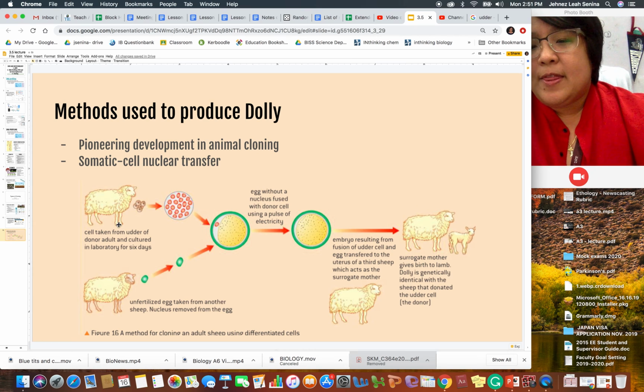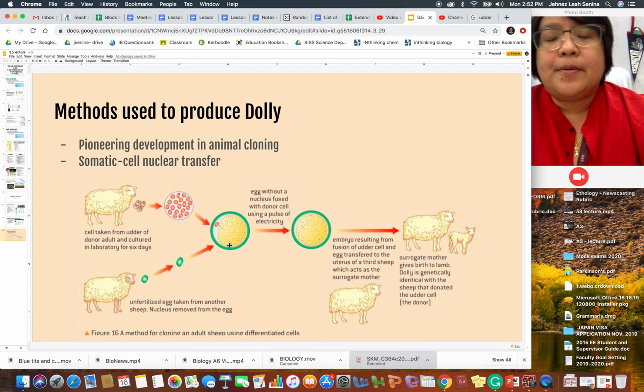And then they took another egg cell from a different sheep. This is a Scottish blackface ewe. This was a Finn Dorset ewe. So they got an egg cell from a Scottish blackface ewe, and then they removed the nucleus of this egg cell. So this egg cell has no nucleus. Imagine just the cell with no nucleus.